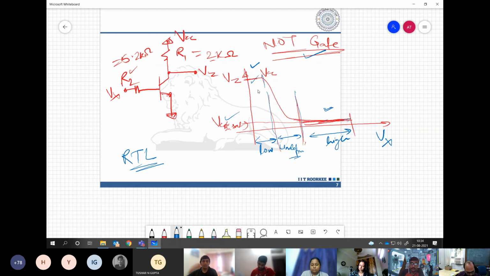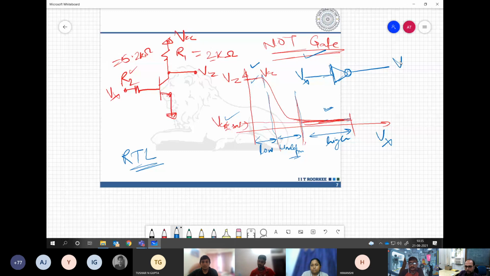Okay, I think all the things are covered. Fine, so we can go to realization of the next gate using the RTL logic. Here what we have realized is basically the NOT gate. You are familiar with this symbol, so I need not say much.